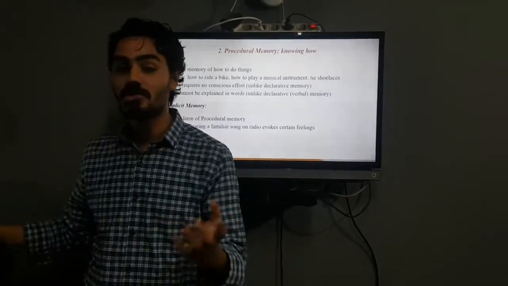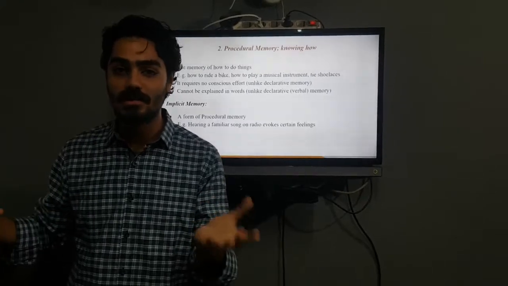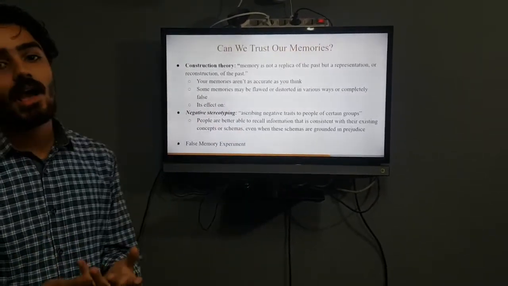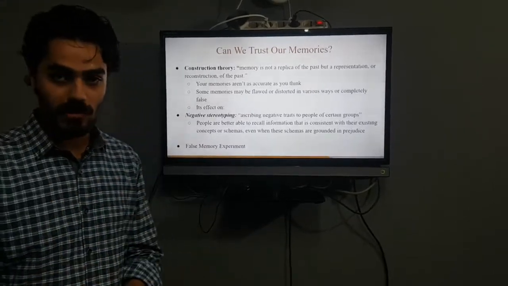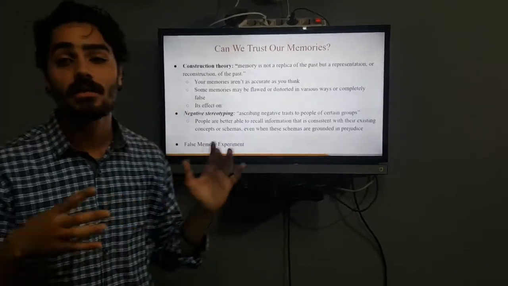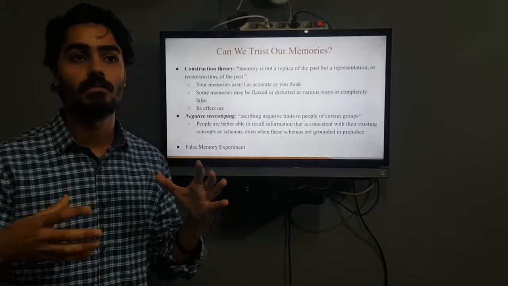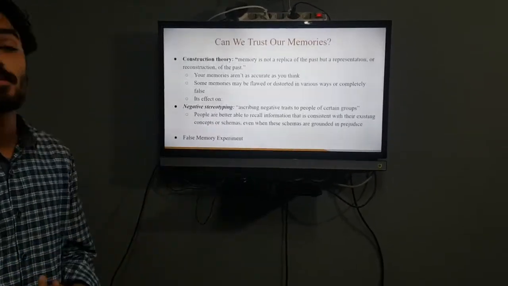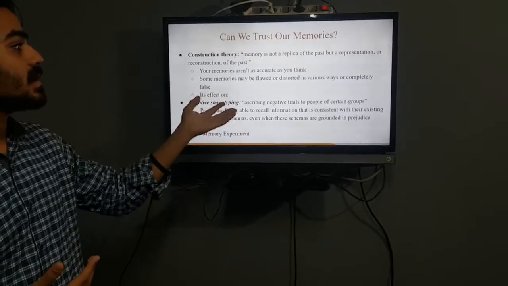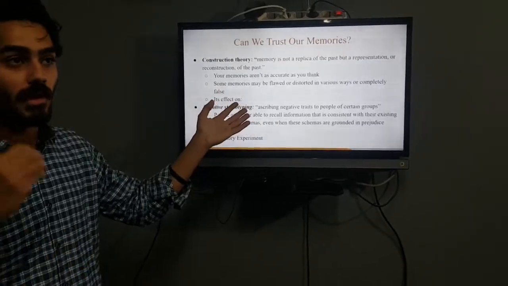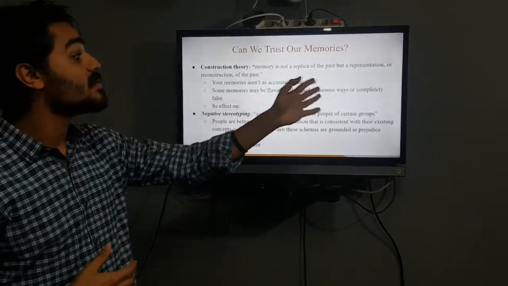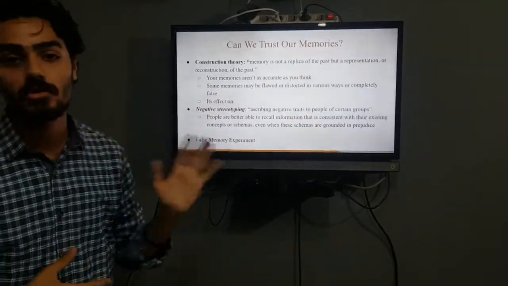But the question is, how accurate are these memories? Or another question, how far can we trust our memories? The main theory about the credibility of our memories is called the constructionist theory. Its definition is that memory is not a perfect replica of the past, but a representation or reconstruction of the past.